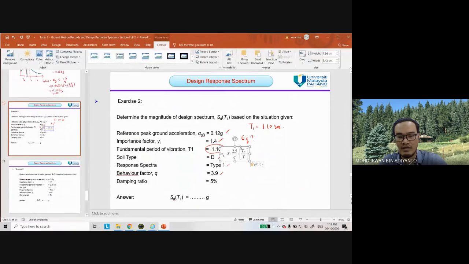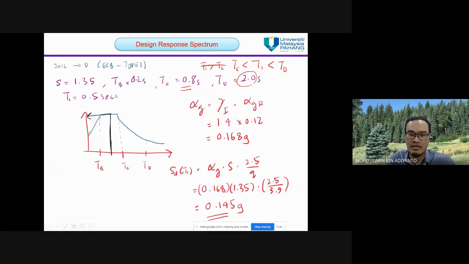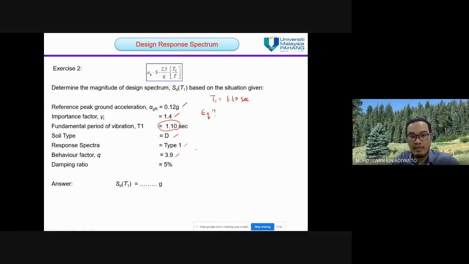Okay. Alpha G, is it still similar? I think it's still similar. We still can use the value. No difference. Okay, the soil type also similar, 1.35. So, SdT1 is equal to alpha G times S times 2.5 over Q, and then times TC over T1.